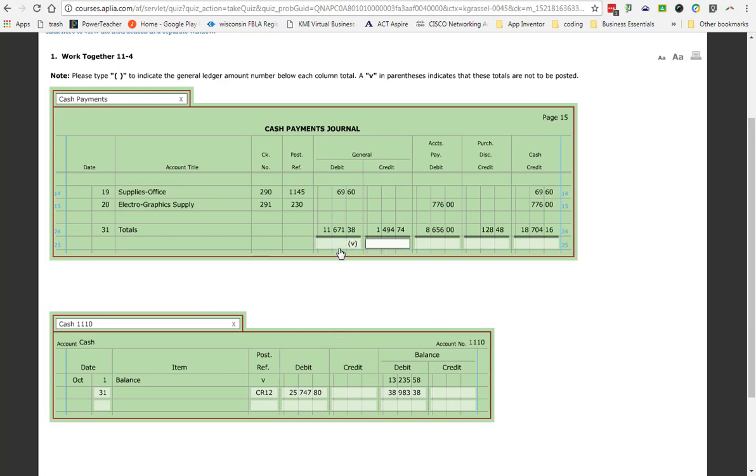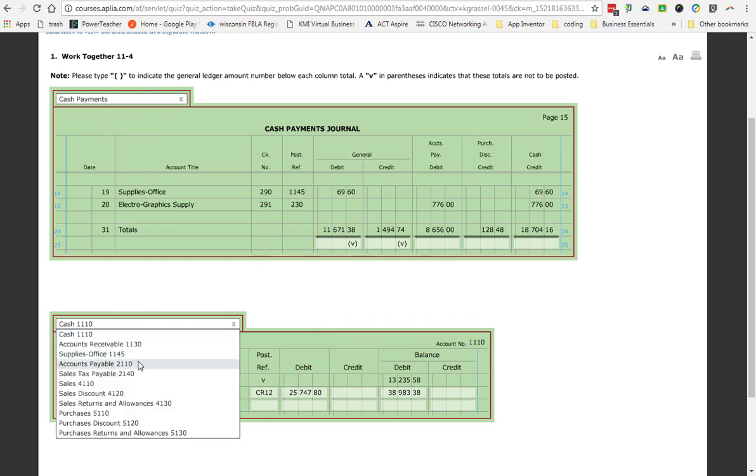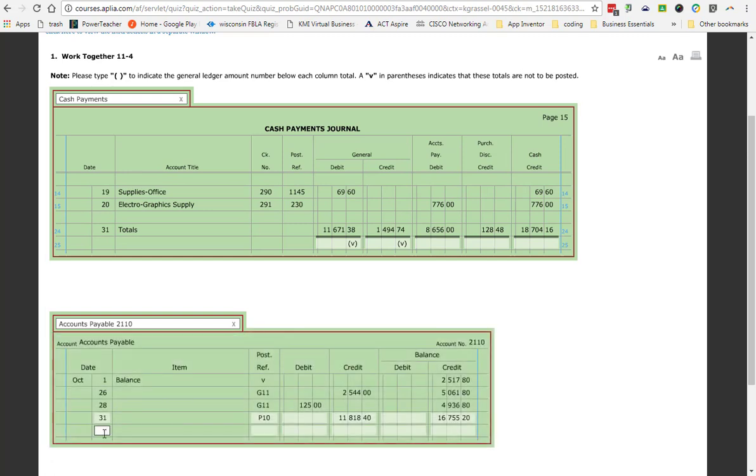And the check mark is a letter V in parentheses. Then I'm going to post to accounts payable. Date of the 31st, source document is going to be CP15.